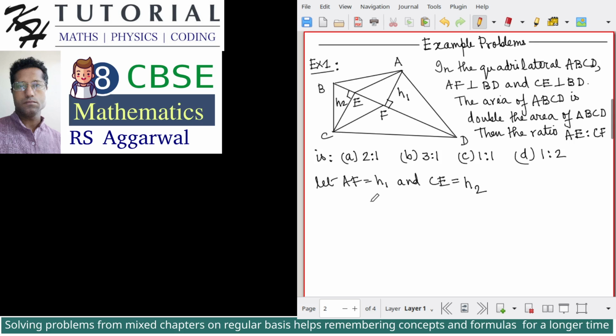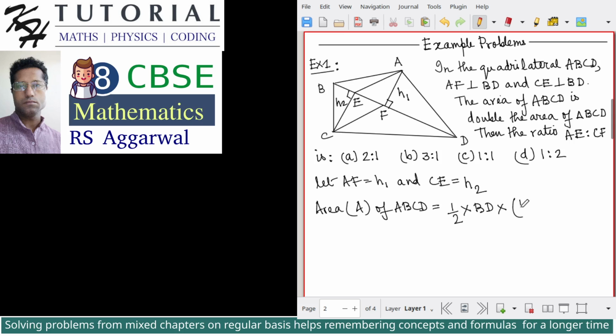Now the area of ABCD. So based on the concept of area of a quadrilateral, let's say capital A of ABCD will be equal to, if we consider BD as the diagonal, half BD multiplied by the sum of the perpendiculars drawn from the vertices C and A on BD, which are AF and CE.